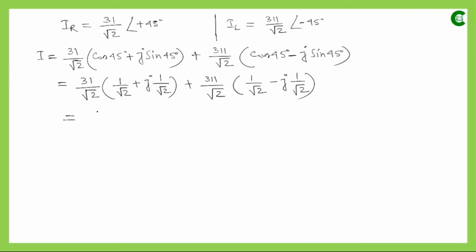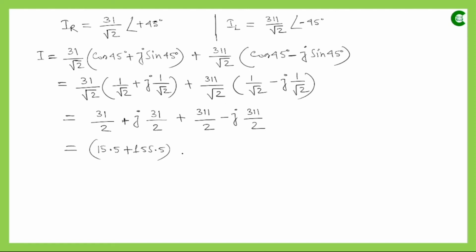If we simplify further, then it will be 31 by root 2 multiplied by 1 by root 2. That means it will be 31 by 2 plus j, again 31 by 2, plus 311 by 2 minus j 311 by 2. So if we separate the real and imaginary parts, then it will be 15.5, and from here it will be 155.5.